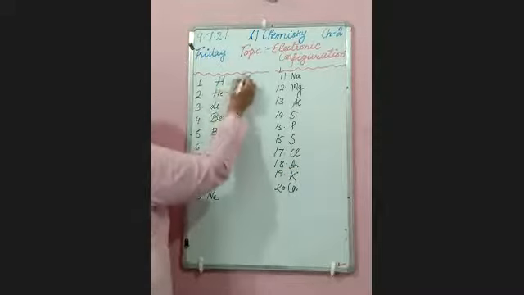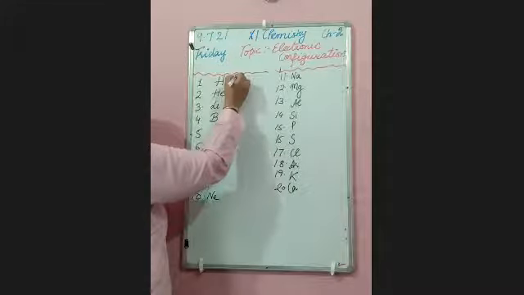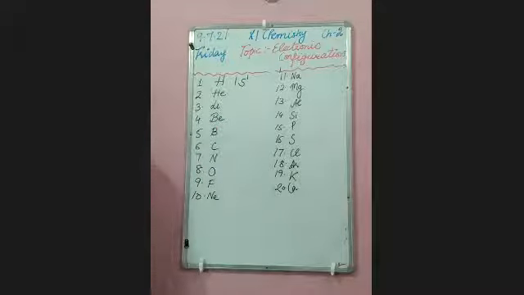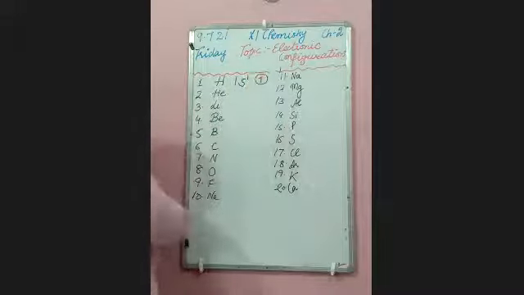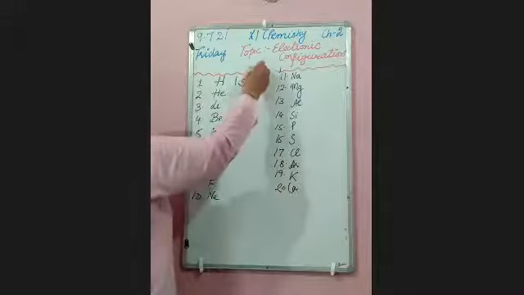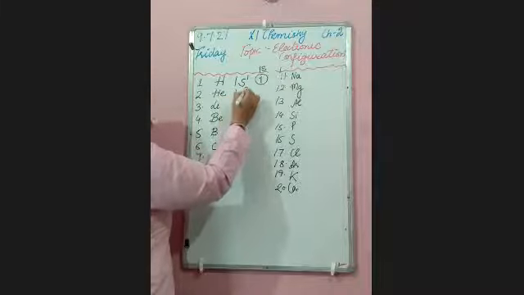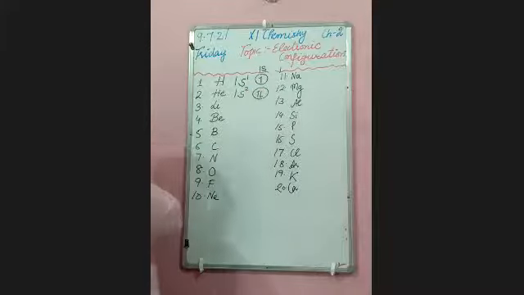So hydrogen is having 1 electron. 1 atomic number means 1 electron. So it will go to 1s1, because the s orbital can accommodate a maximum of 2 electrons. So this is having only 1 electron in 1s. Now helium is having 1s2, and their spin should be different.